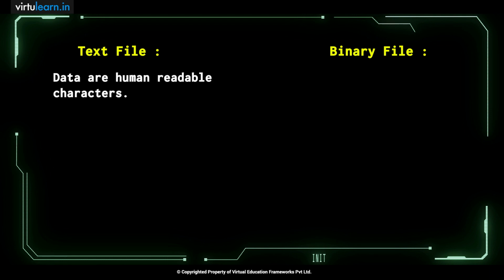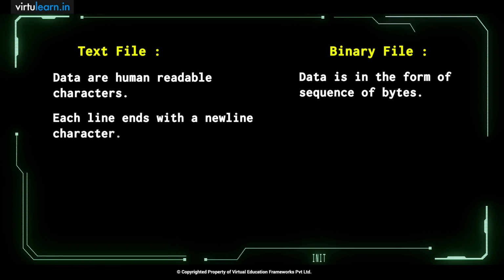Now let us see some of the differences between text file and binary file. In a text file, data are human readable characters. In a binary file, data is in the form of a sequence of bytes. Each line ends with a new line character in the text file.